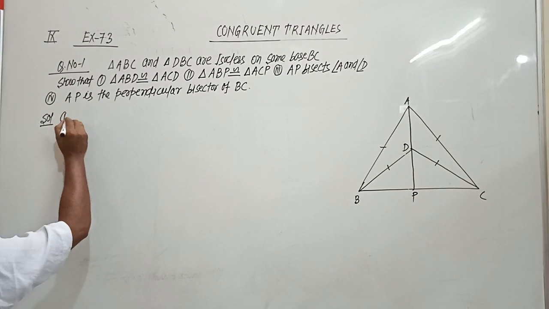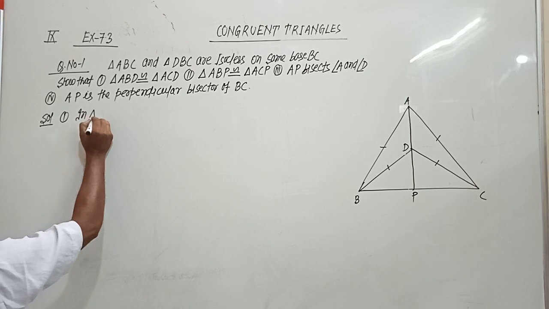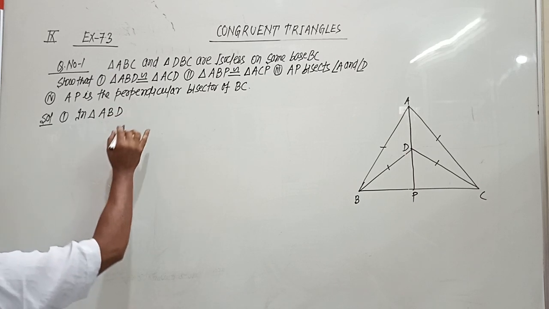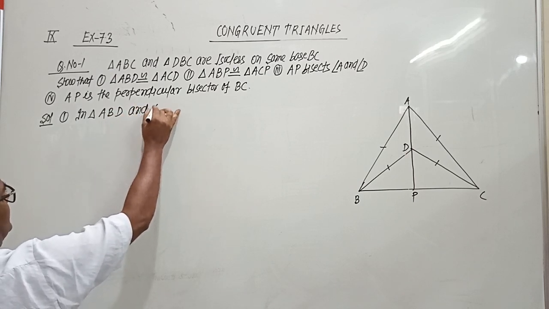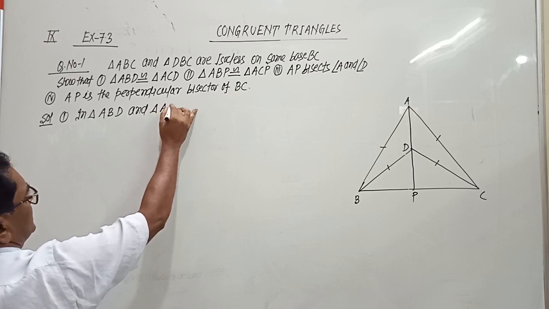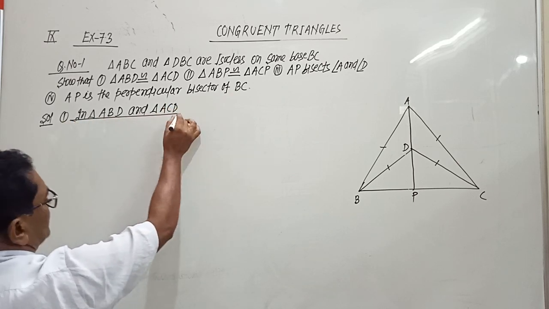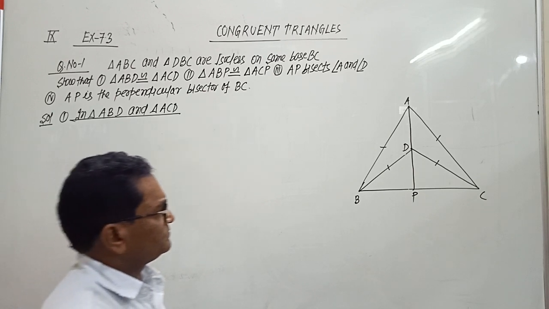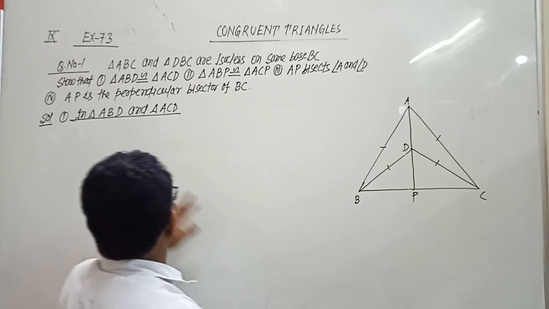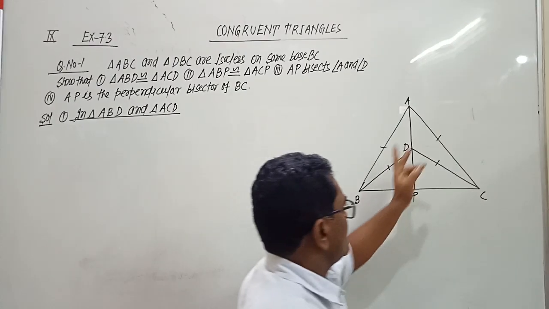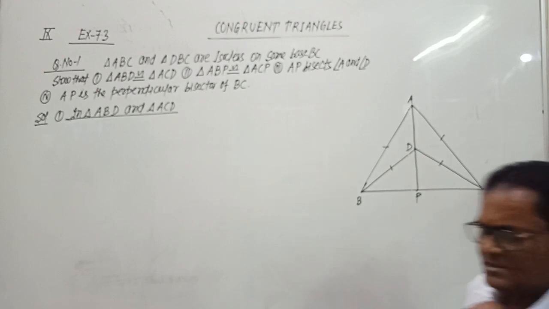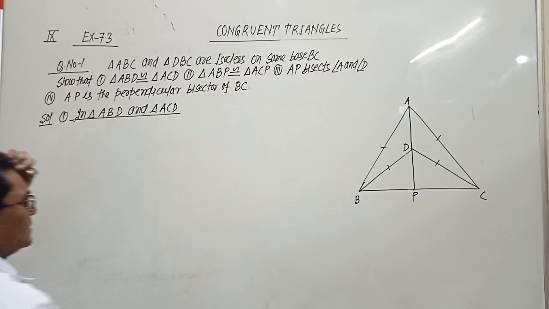So in triangle ABD and triangle ACD, AB equals AC. This is given in the question because triangle ABC is an isosceles triangle.